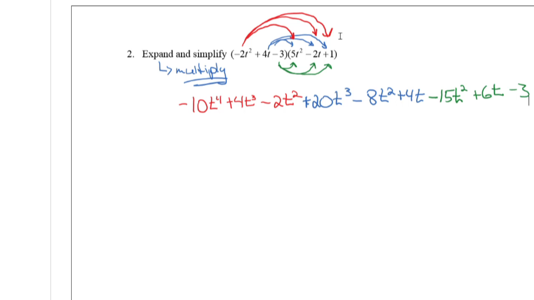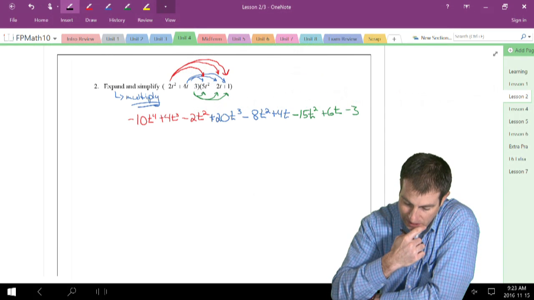Okay, now I need to combine my like terms. So anything that's the same in terms of an exponent. I can't combine t fourths and t squareds. It just doesn't work. I have to combine like terms. So what do I have? What's similar? Okay, t cubes.